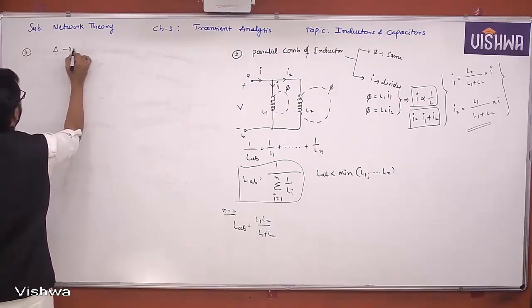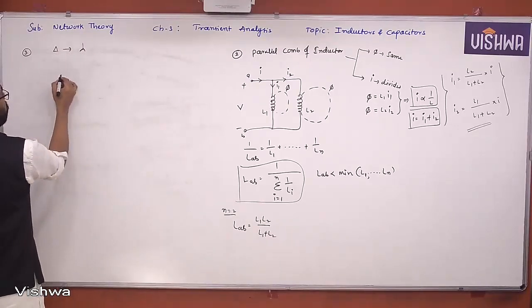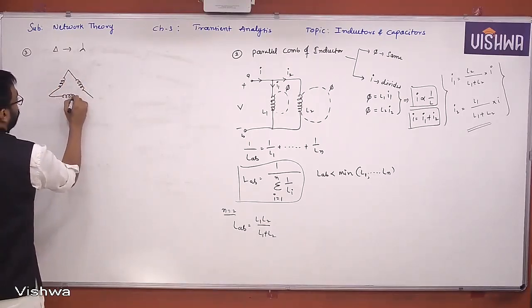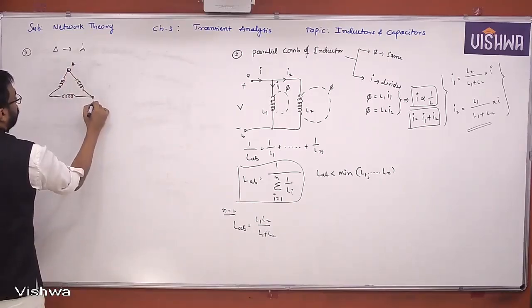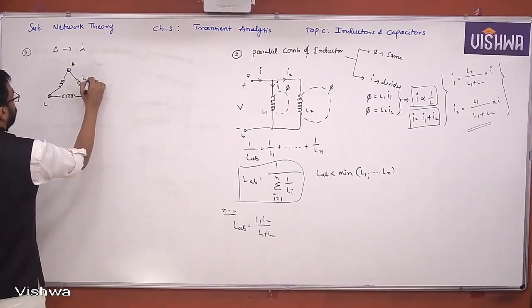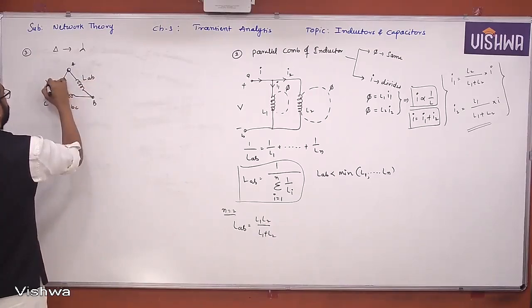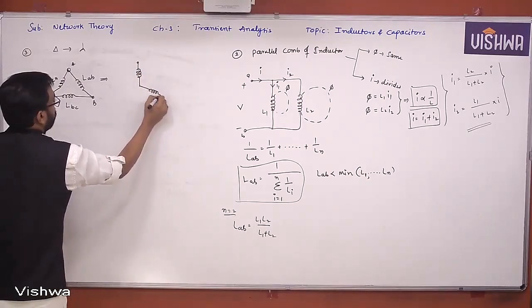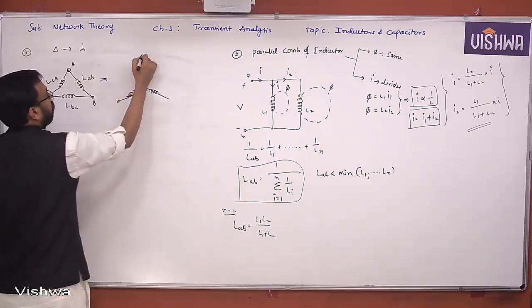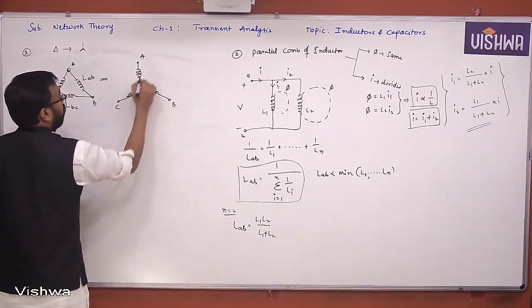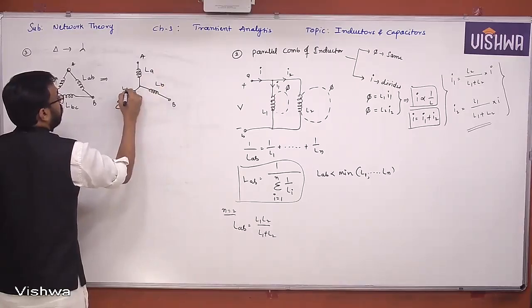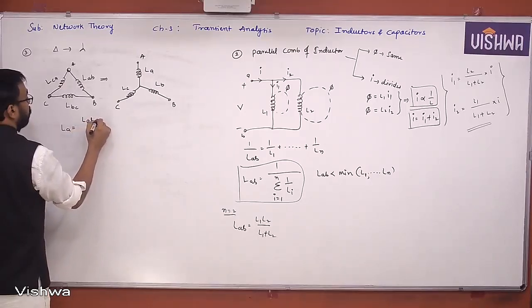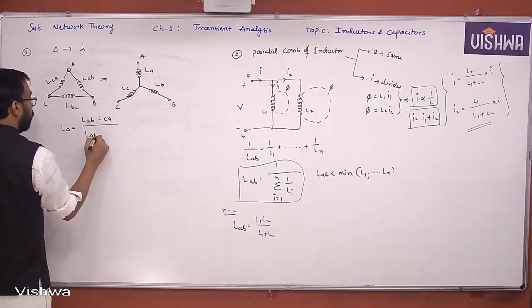Delta to star. I'm just writing the formula here. Note down all of you.